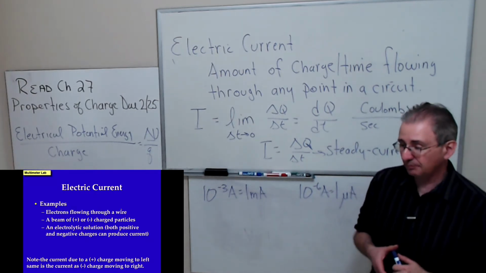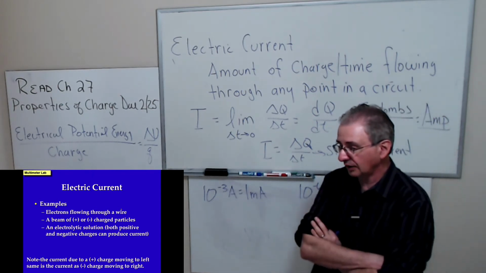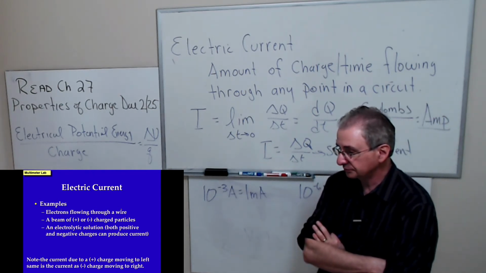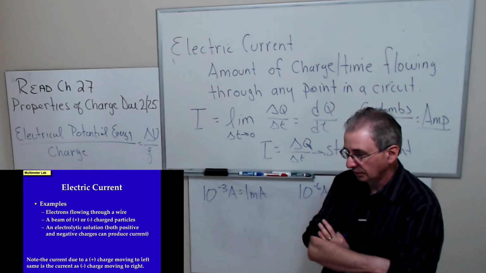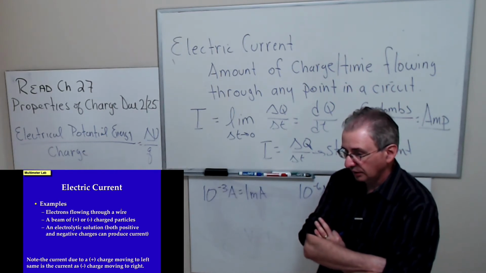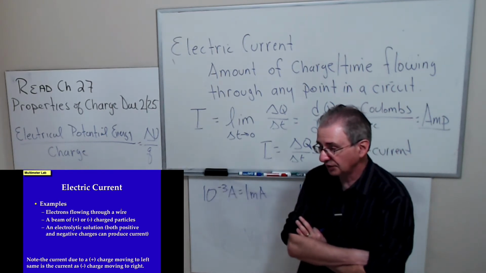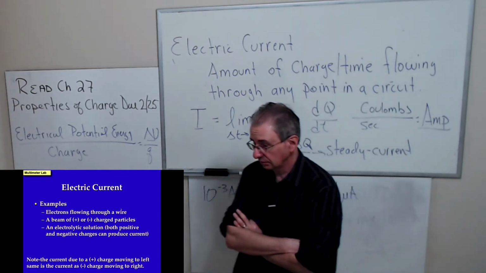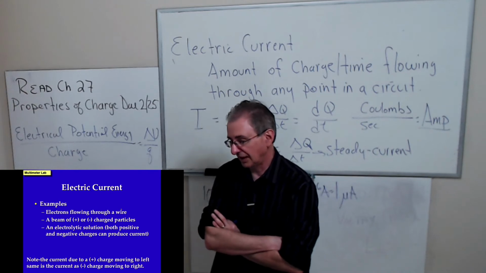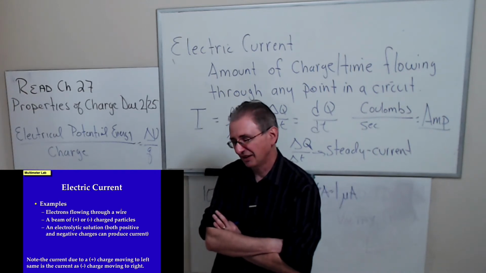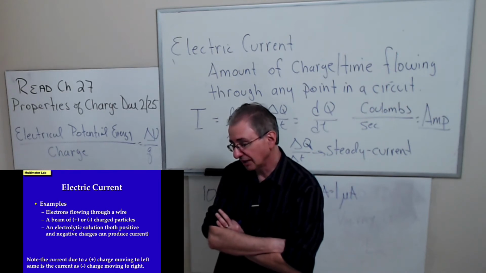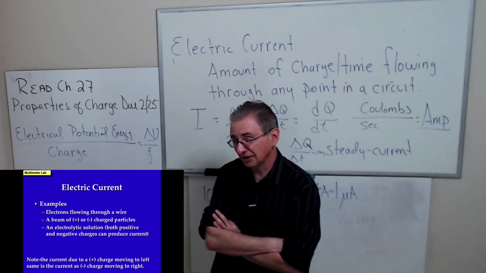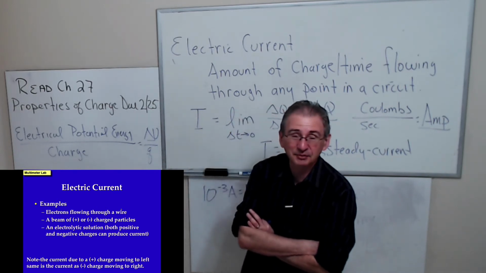So some examples of electric current are electrons flowing through a wire, a beam of positive or negatively charged particles from an accelerator, or in a plasma. Although in a plasma you probably wouldn't have a beam. Or an electrolytic solution that you would deal with in chemistry, for example.